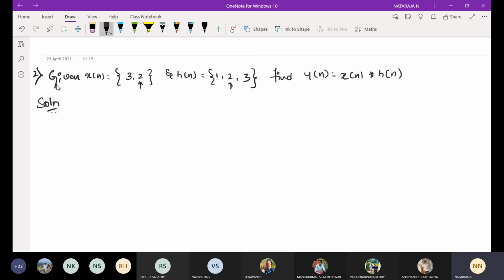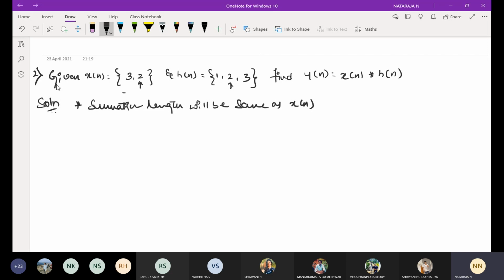First we need to find the summation length. The summation length will be the same as your x of n, as we discussed in the last class, meaning -1 to 0.